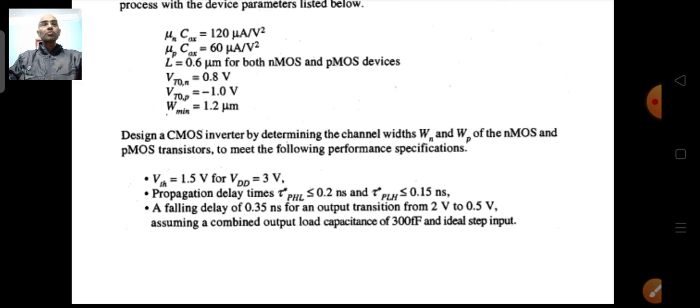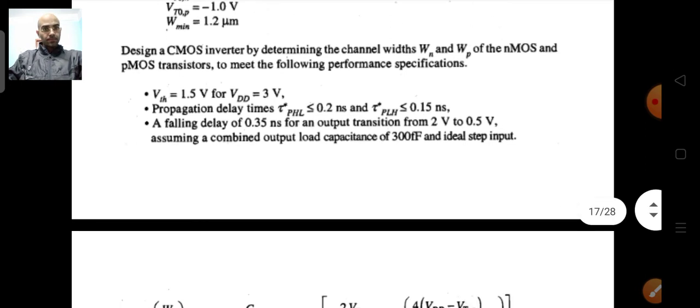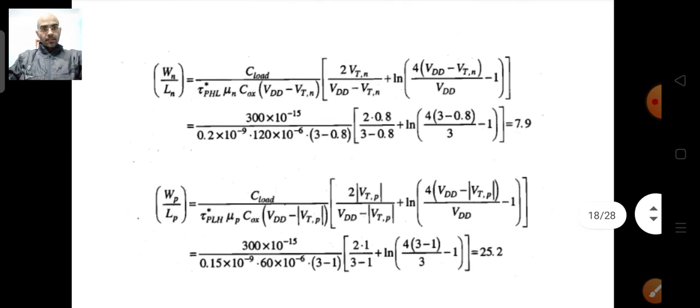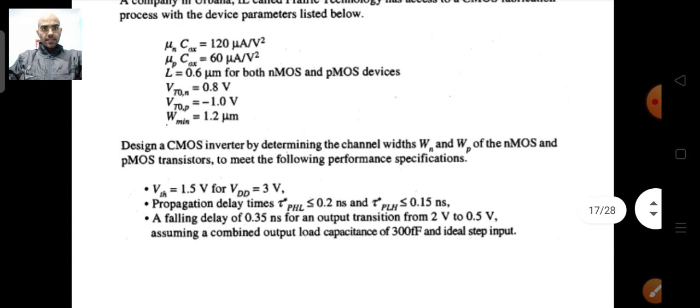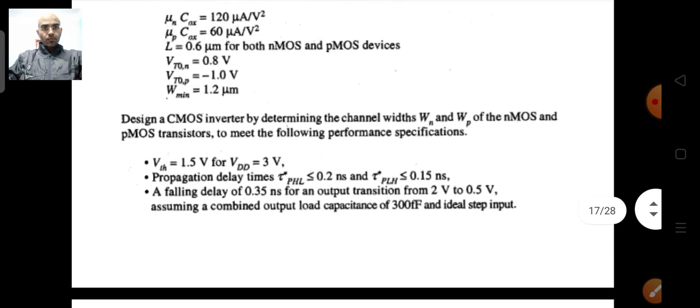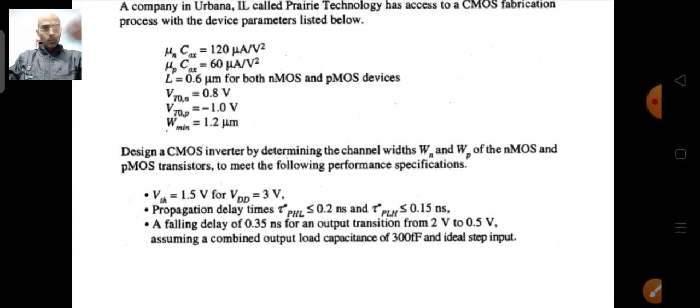That's what we have to keep in mind. In this problem we are going to see how we do that. It is an interesting problem.